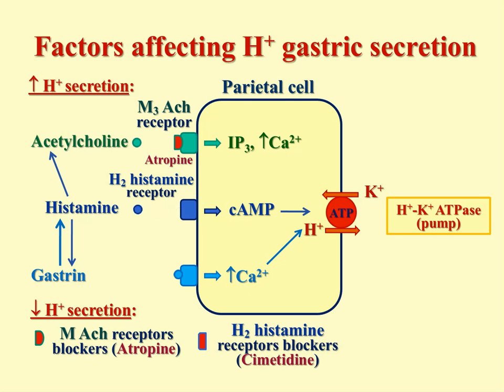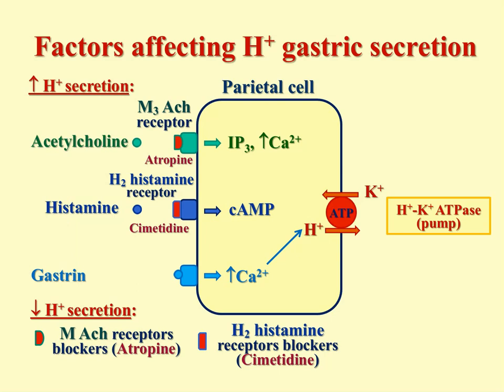And when histamine H2 receptors are blocked, the effect of histamine is lost, and its potentiation effect is also lost, so that less activity is produced by gastrin and acetylcholine.